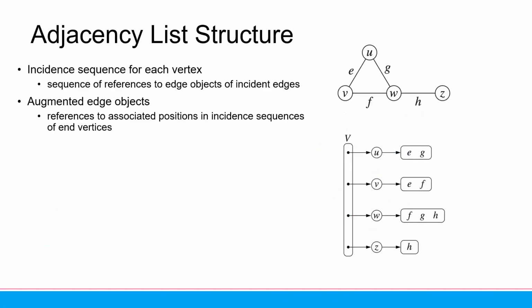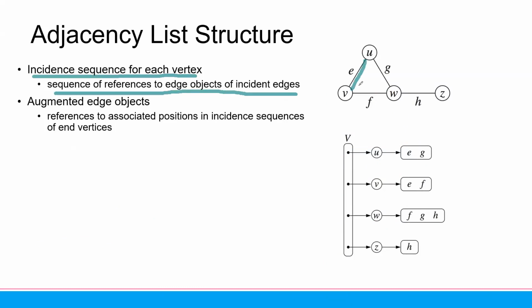We can have another kind of structure, we call it adjacency list structure. In the adjacency list structure, we have the incident sequence for each vertex, so a sequence of references to edge objects of the incident edges.